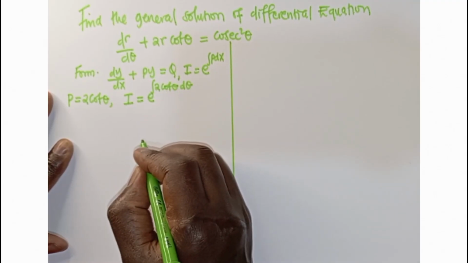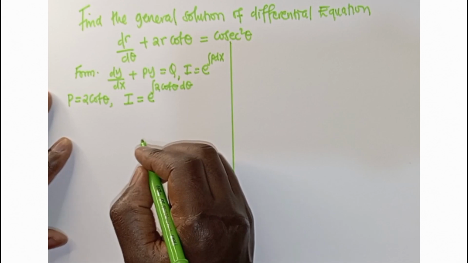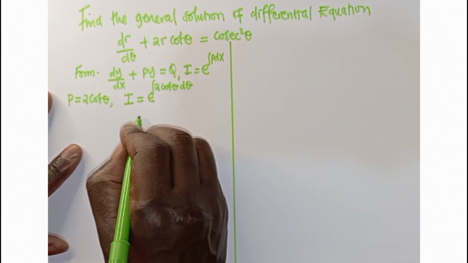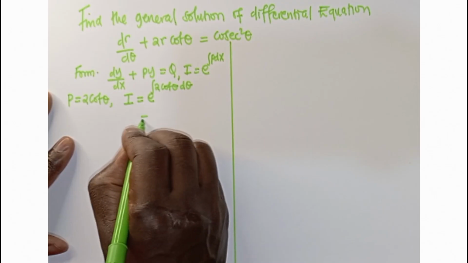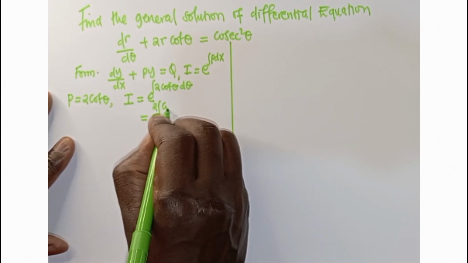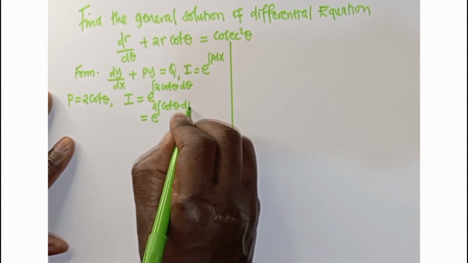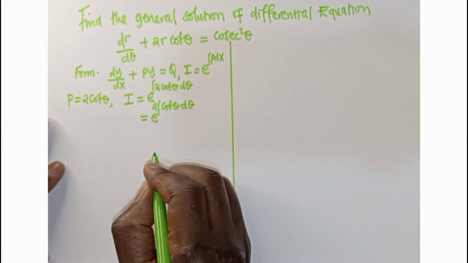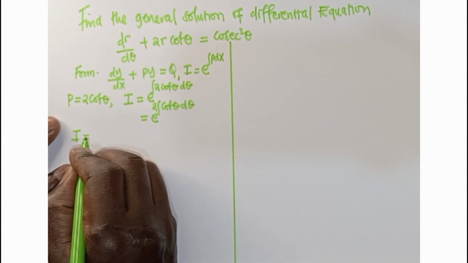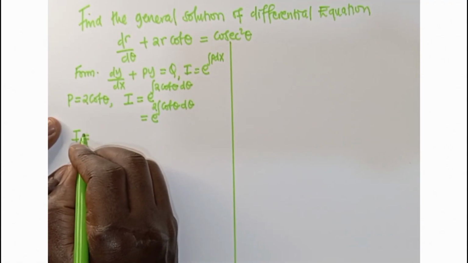Now if we realize this, we can simplify it to e to the integral of 2 cot θ dθ. But we know that the integral of cot θ is ln sin θ.